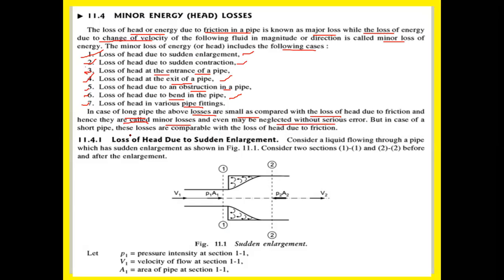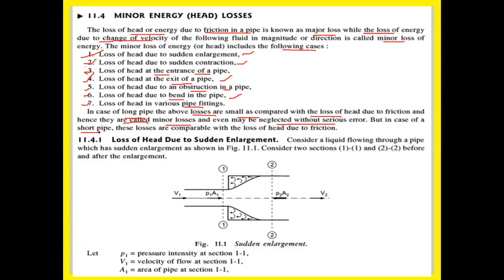But in case of short pipes, that is the problem here. For long pipes, whatever the seven points we have discussed become negligible, so we can neglect them. There is no serious concern when these problems occur in long pipes; we can ignore them, there is no lot of change.